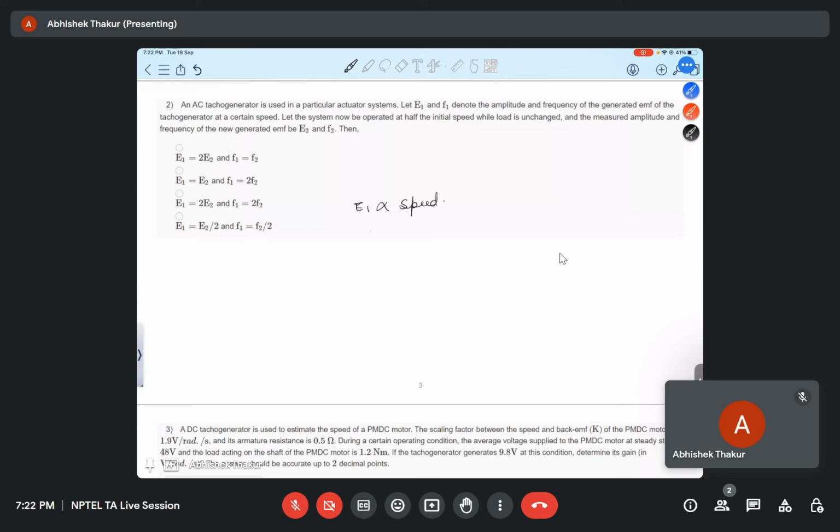So here speed is half, so our E2 will be half of E1, okay? And also F2 will be half of F1. So option C is the correct option for this question.